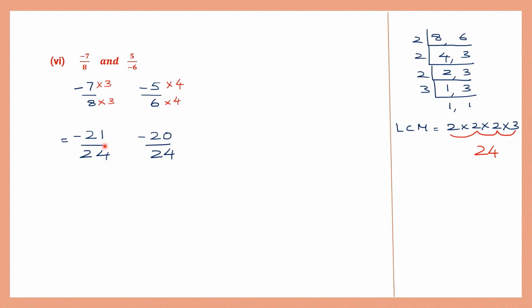Minus 21 will come on the left side of minus 20, isn't it? So minus 21 is smaller than minus 20. So let's write that down. That means the rational number minus 7 by 8 is less than minus 5 by 6. And if you go back to the main question given, minus 7 by 8 is less than 5 by minus 6.